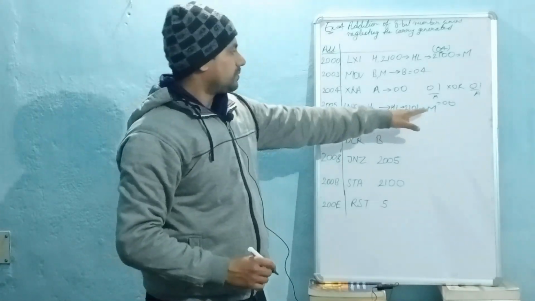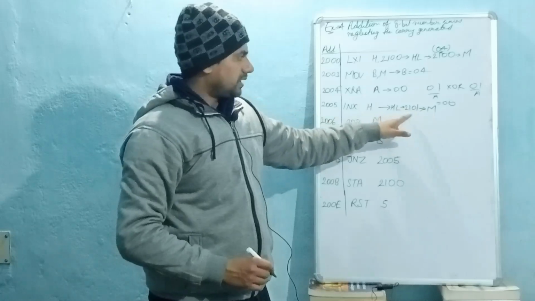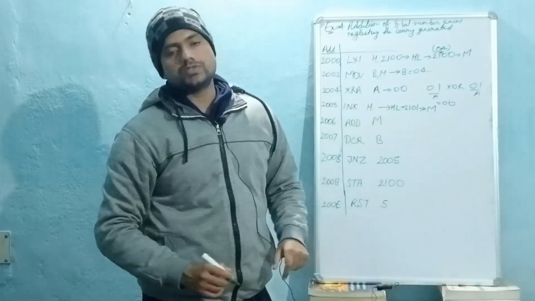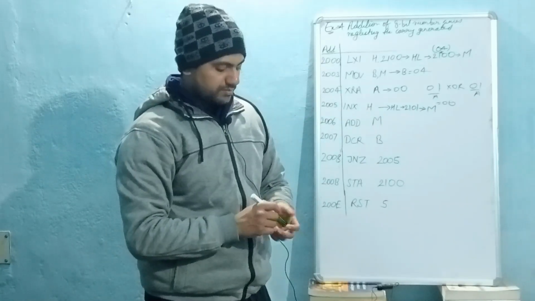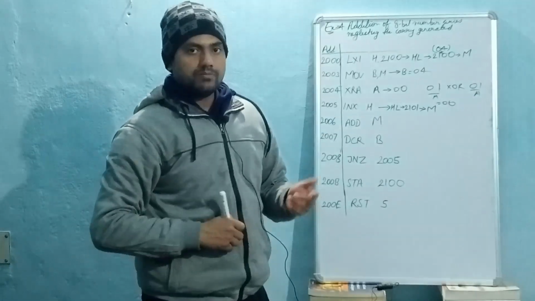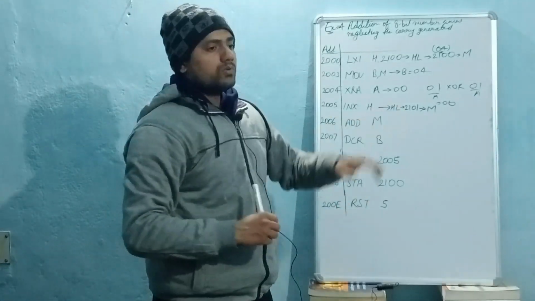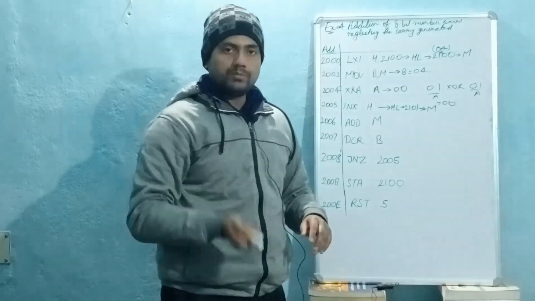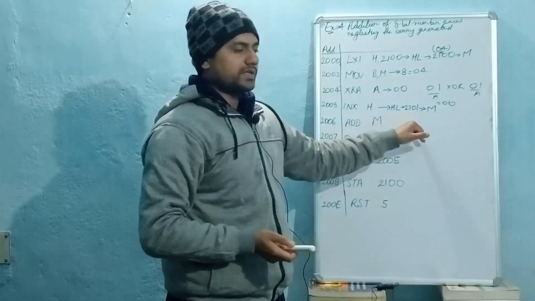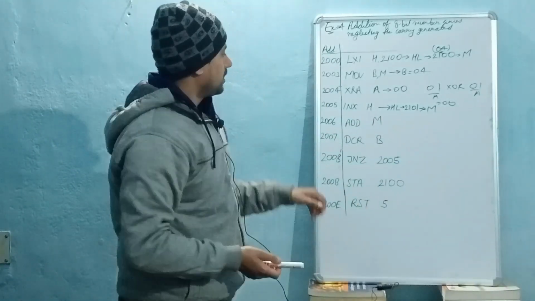So now memory became 2101. This location is going to act as memory. So from now onwards, whenever we say memory, it means location 2101.